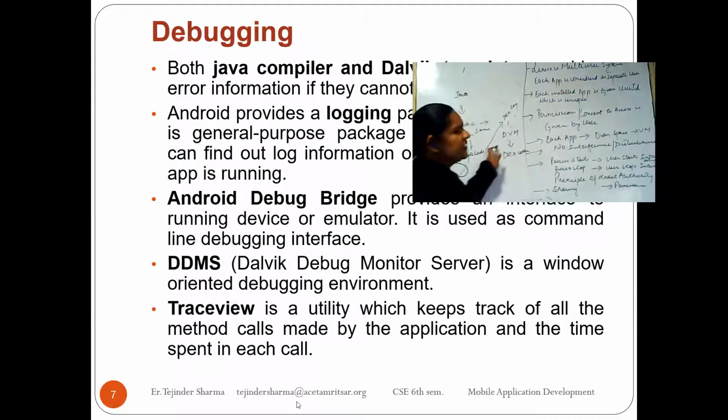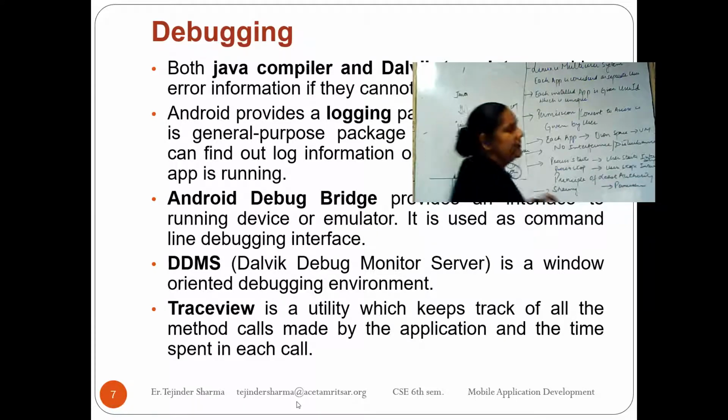Fine. Just like JVM, in Android Studio we have the DVM. In DVM, the output is DEX code. So if my DVM refuses to convert this bytecode into DEX code, that would also be an error. And these error messages are stored in a terminal in the Android Studio where you can see the logcat option. Here many errors will come. That is the log of the errors which have been encountered.